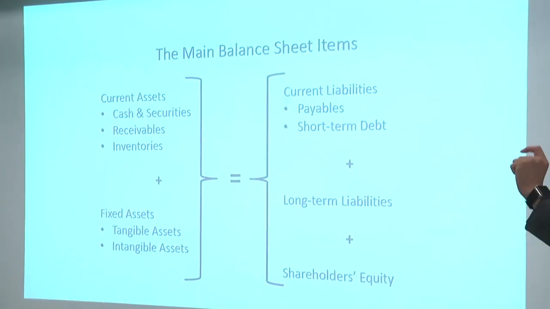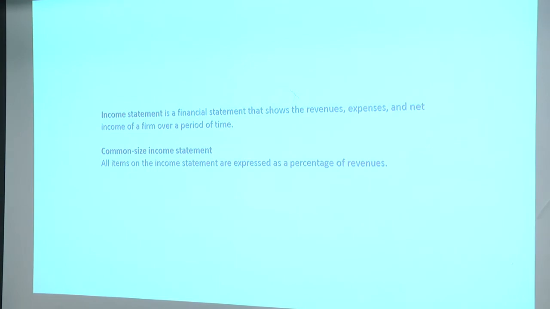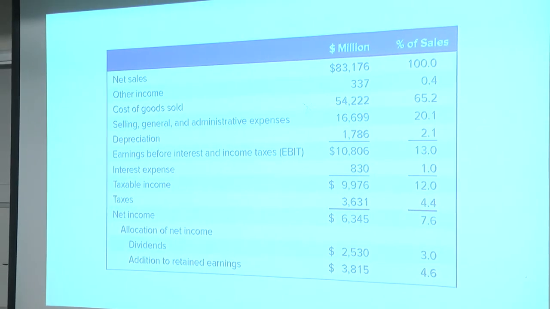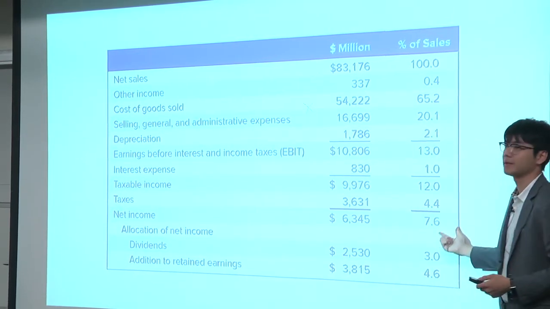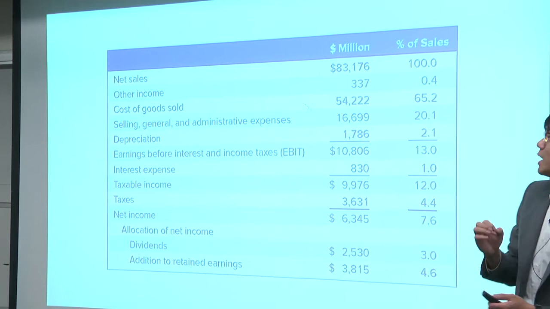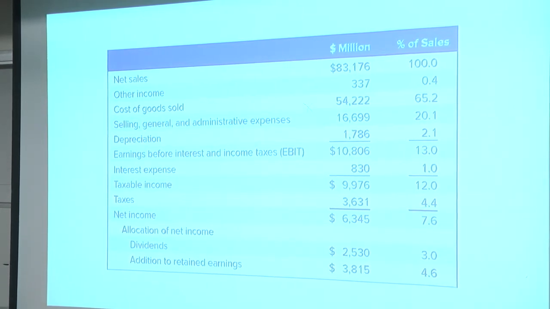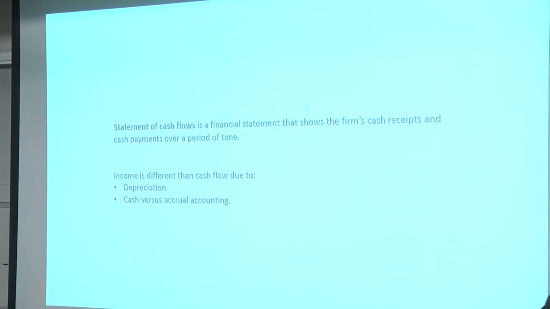So that's the income statement. This is a regular income statement, and this is a common size income statement, where every number is a percentage of the net sales or revenue. We good?